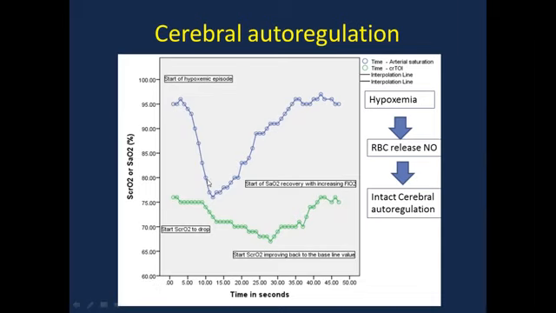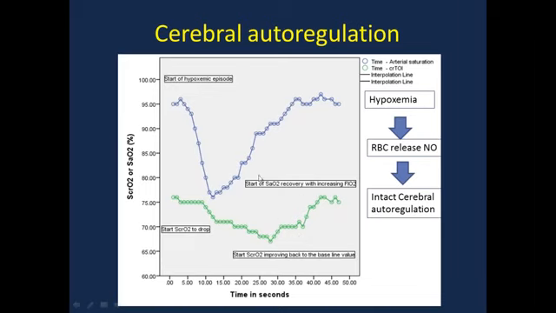The blue line represents oxygen saturation, and the green line or green dots represent the brain or cerebral oxygen saturation by near-infrared spectroscopy. So this is one of our infants when the saturation dropped from 95% to almost 75%. The cerebral saturation did not change significantly and stayed above the acceptable level, above 65%.